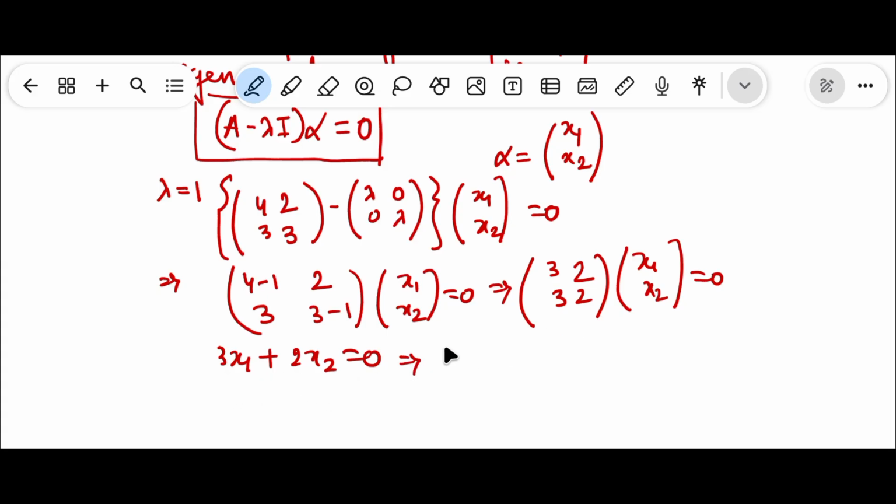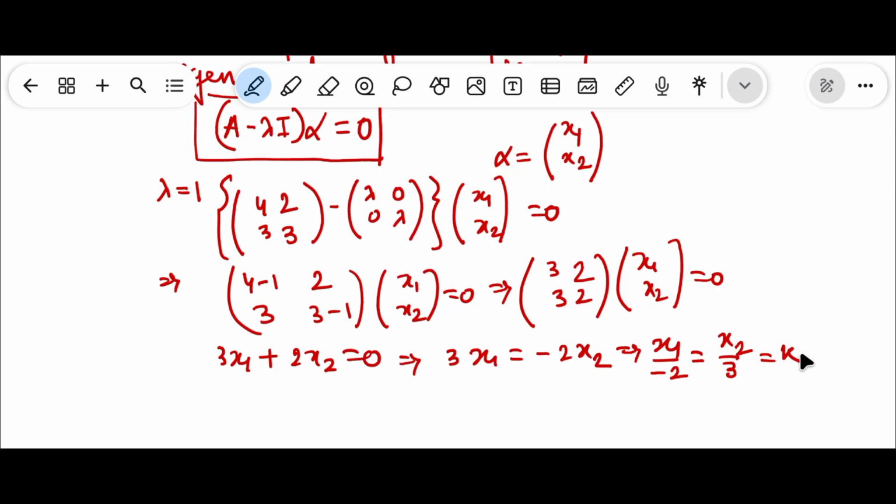So from here I am getting 3x1 equals minus 2x2, that is x1 by minus 2 equals x2 by 3.